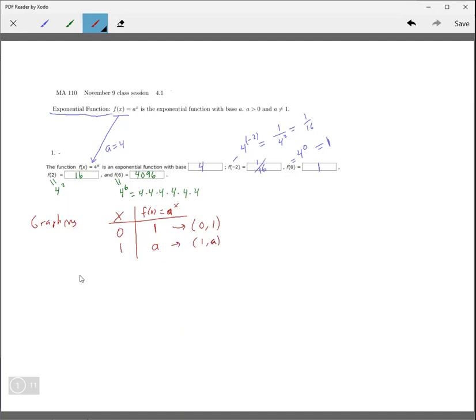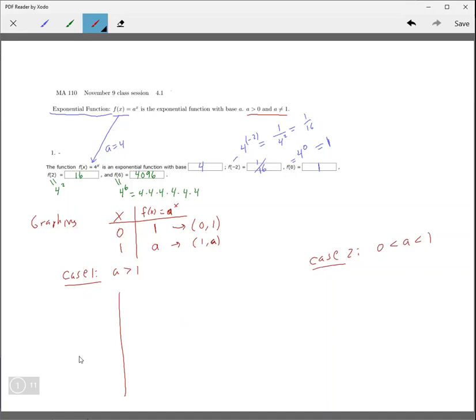Now let me split it up into 2 different cases. Case 1, where a is greater than 1. Now remember, a has to be greater than 0, and it can't be 1. So case 1 is where a is greater than 1. Case 2 is where a is between 0 and 1. So those are 2 different situations.